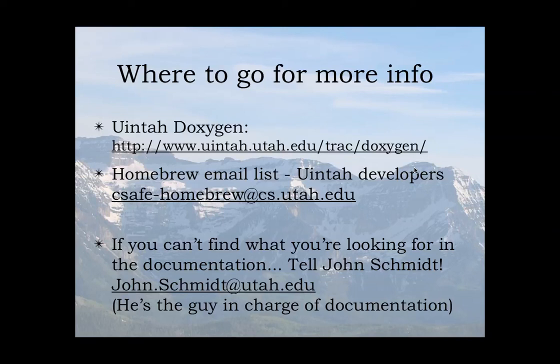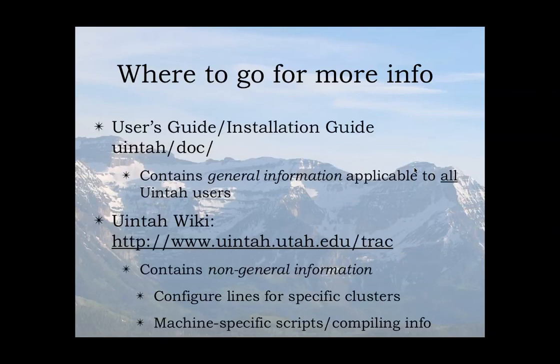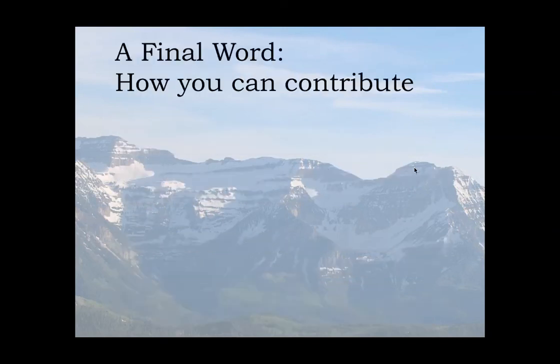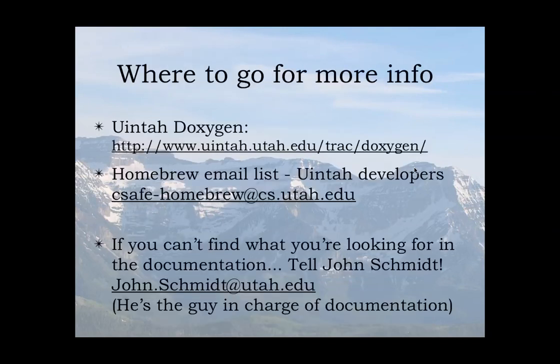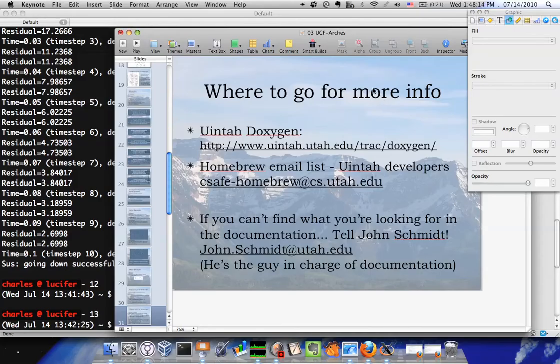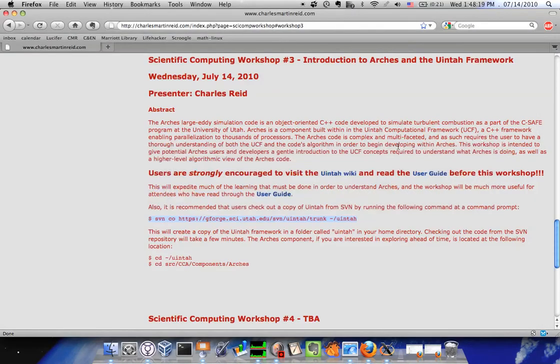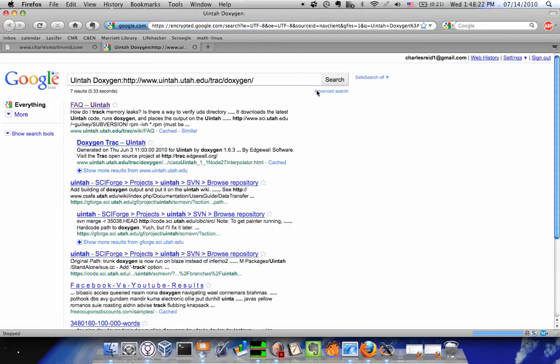The idea behind Doxygen is to eliminate things like this user's guide and this wiki, and basically put all the useful information inside the code using special comment blocks. Doxygen is just a third-party program. So you run Doxygen, you point it to your code, and it will generate documentation for you. So let me show you what that looks like, because this is a really cool program.